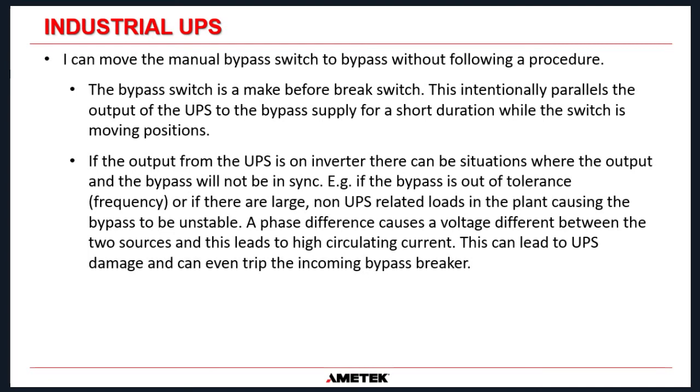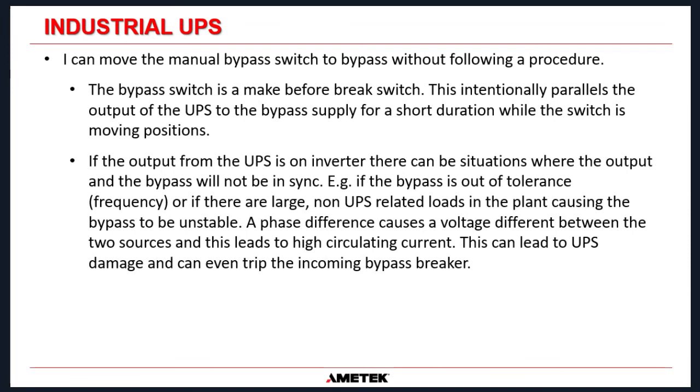So if the output from the UPS is on inverter, there can be situations where the output and the bypass will not be in sync. An example of that is, let's say the UPS thinks the bypass is out of tolerance. Maybe the bypass voltage is low or the bypass frequency is out of tolerance.